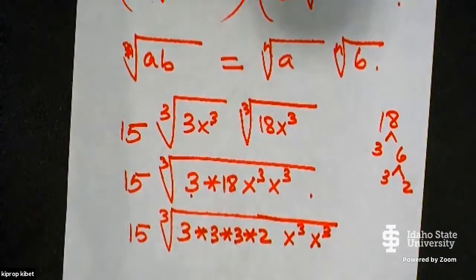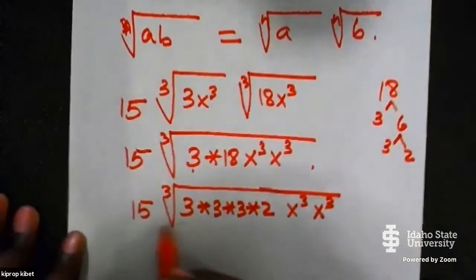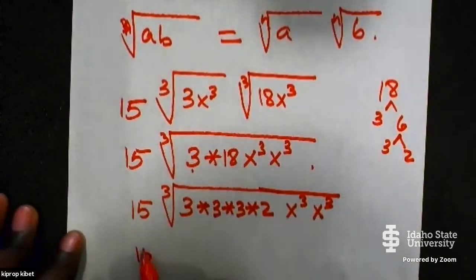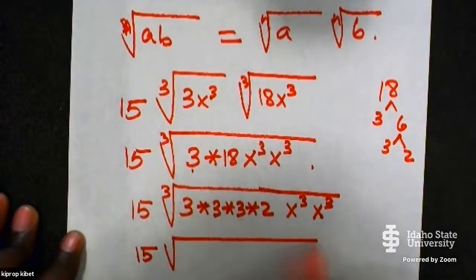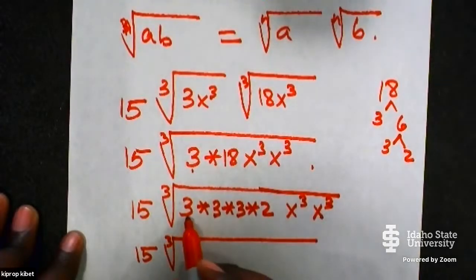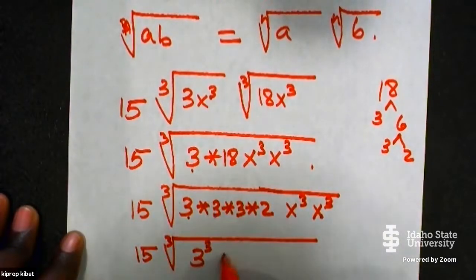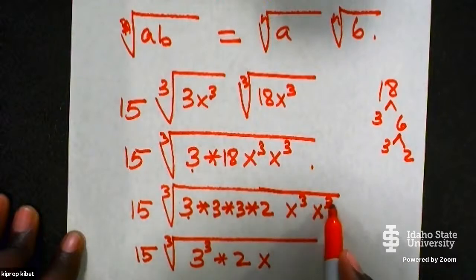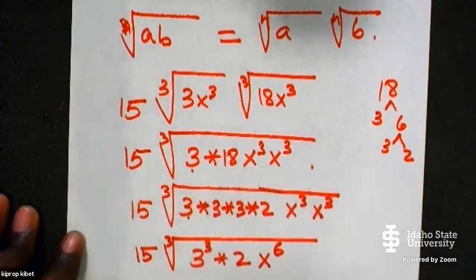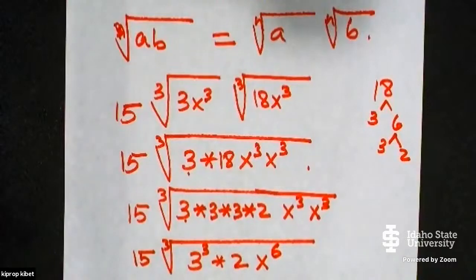Now distributing, okay, the next step, we have 15 here, the cube root of what? So this is 3. How many 3's are there? 3, right? Times 2 times x. How many 3's there? So 3 plus 3, which is what? 6, right?